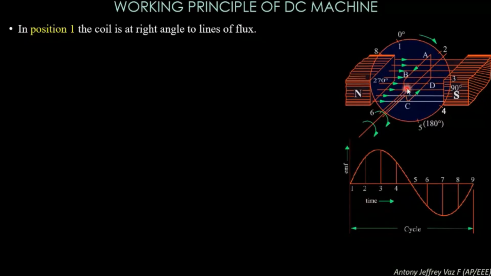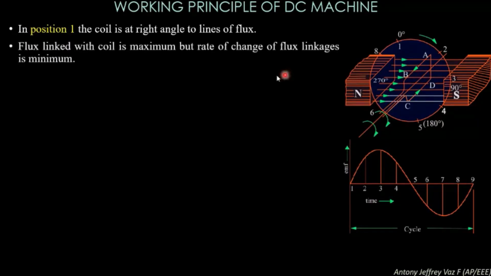The flux lines are passing like this, and the coil is in position 1. At this position, the flux lines are at right angle to the coil. So the flux linked with the coil is maximum, but the rate of change of flux linkage is minimum.